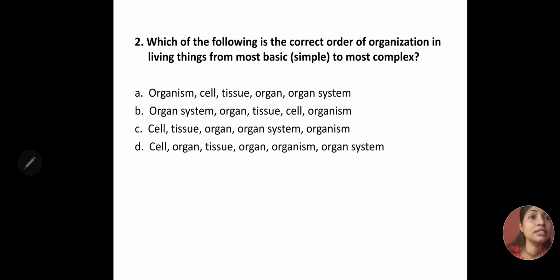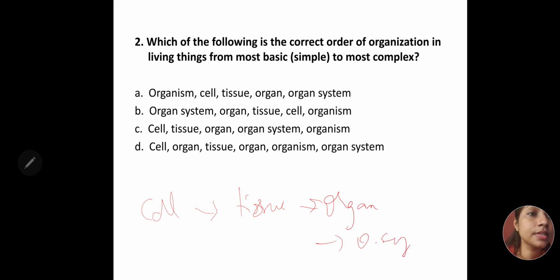Now the second question, which of the following is the correct order of organization in living things from most basic, that is simple, to most complex? From the first slide also we have known the series of it. So the answer is cell, giving rise to tissue, giving rise to organ, giving rise to organ system, and then finally making up an organism.